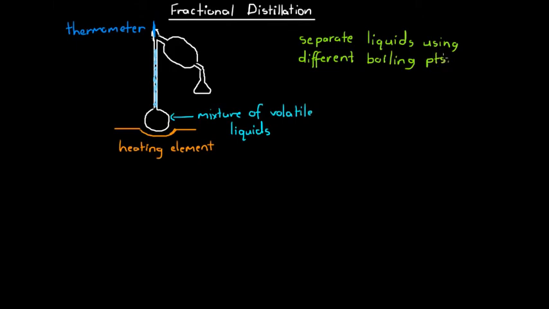And so what we need to know, a very important property that is utilized in fractional distillation, is that if we have a vapor of this mixture of volatile liquids, then this will contain a higher concentration of the substance with the lowest boiling point.